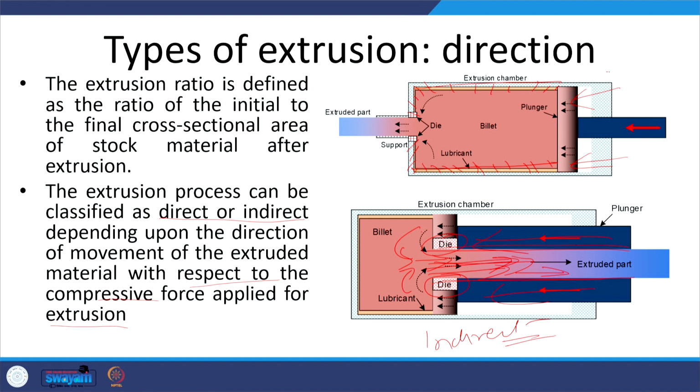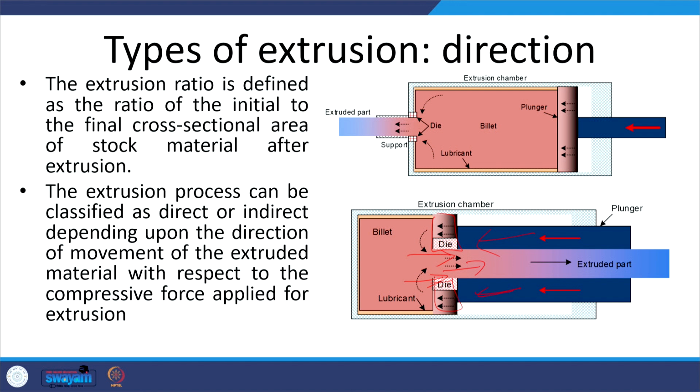So, the friction force coupled with the force required for extrusion, both will be needed in direct extrusion. But in indirect extrusion, when the force is applied through the dummy block with the help of this plunger, the extrusion starts in the material directly. So, indirect extrusion involves only the force required for extrusion, there is no frictional effect.